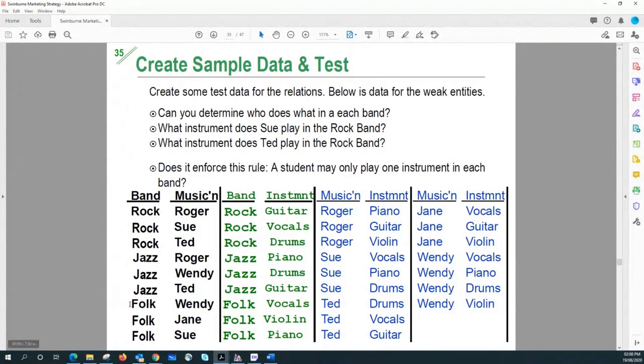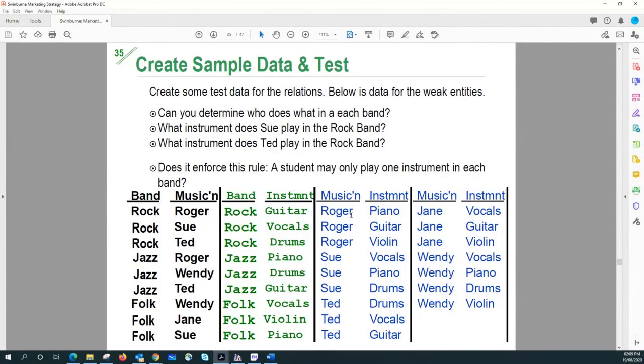If you go through the first table, it gives you information regarding the band and the musicians in the band. So if you think about the rock band, you can see Sue is in the rock band. The question is what instrument Sue plays in the rock band. The rock band has three types of instruments: vocals, guitar, and drums, right?